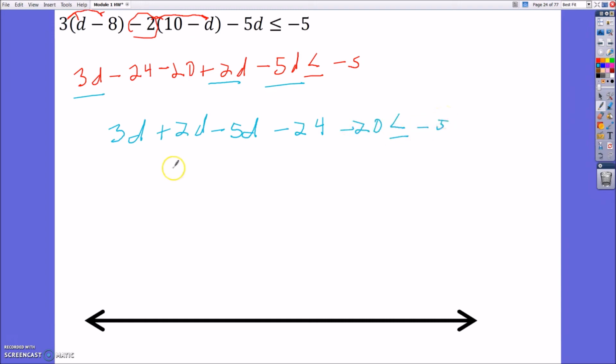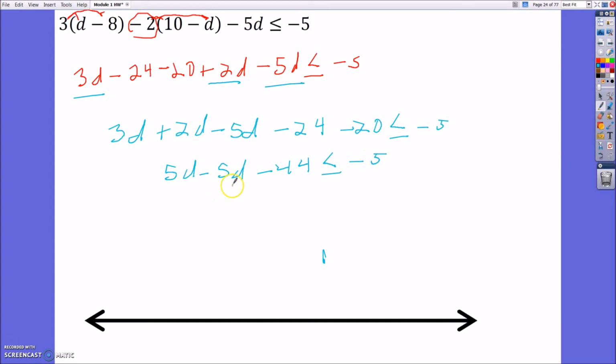When I combine these, I'm going to have 5d minus 5d, minus 44, is less than or equal to negative 5.